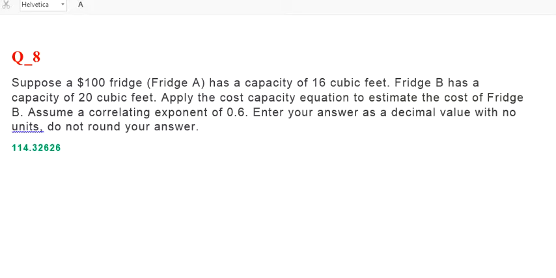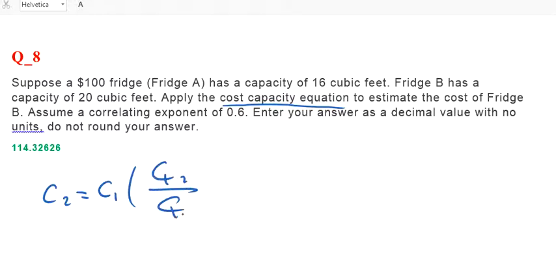Question number 8, asking us about the cost of fridge B using the cost capacity equation. C2 equal to C1 times Q2 over Q1 to the power of X, where X is 0.6.